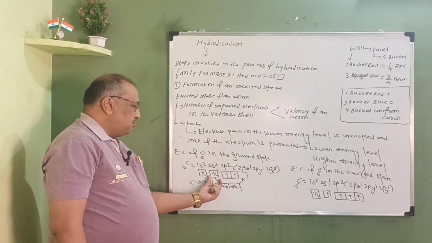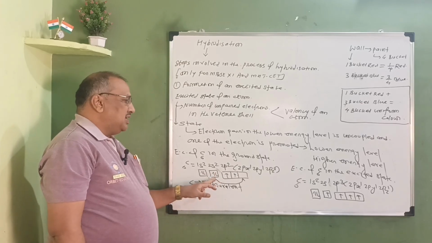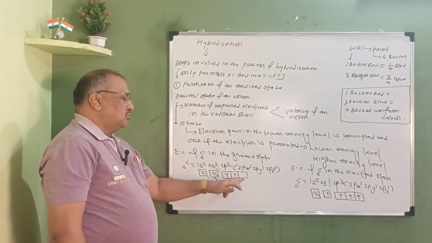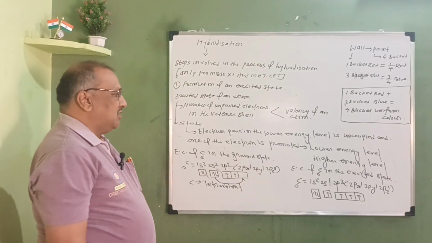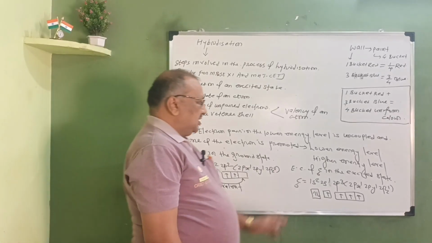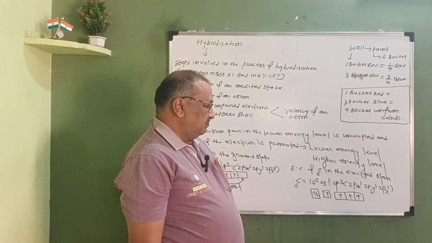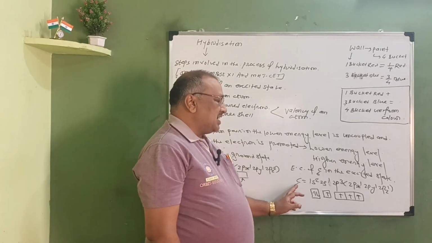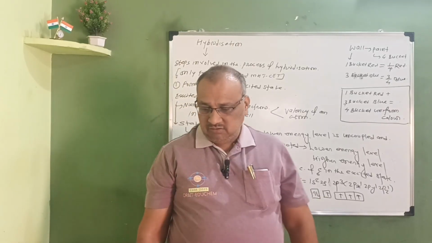The electron pair in the lower energy level is uncoupled and one of the electrons is promoted from lower energy level into the higher energy level, and you will get the electronic configuration of carbon in the excited state. And in the excited state, carbon atom has 4 unpaired electrons in the valence shell.